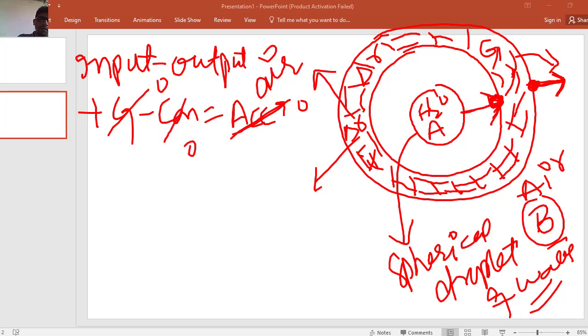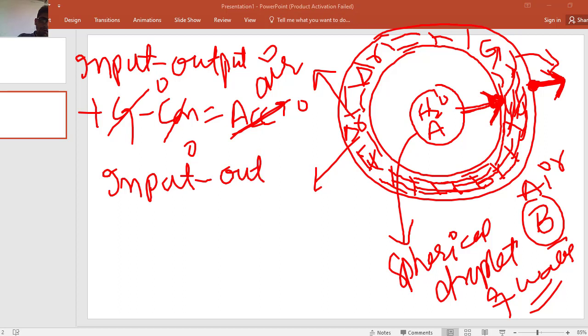So simply, the water molecule evaporates, comes to the stationary surface, enters it, and comes out from it. So input minus output is equal to 0, or input is equal to output, which is a steady state process.